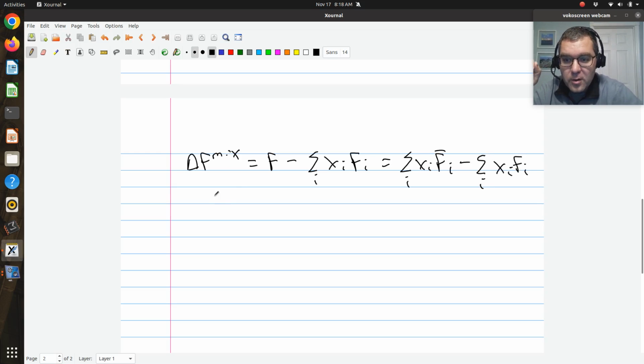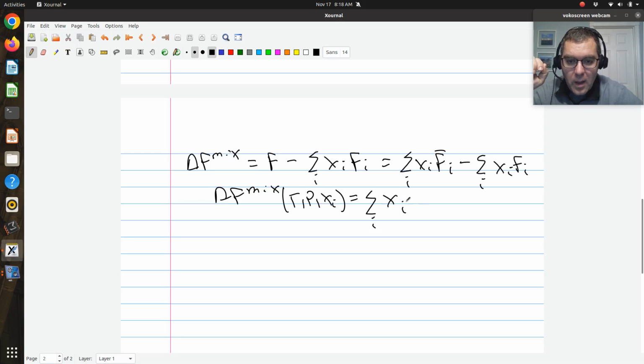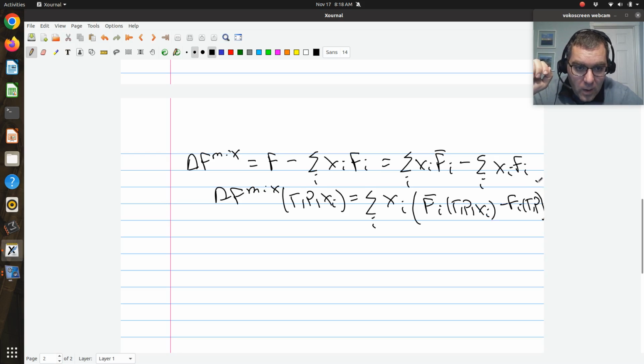So grouping terms, we had delta F of mixing at T, P, and x_i is equal to sum over i of x_i times f bar_i at T, P, and x_i minus f_i at T and P. And I've always mentioned this one in class.